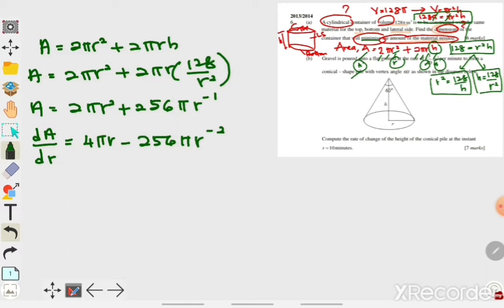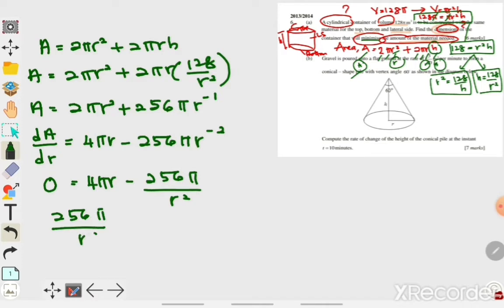To have the minimum or extremum, the first derivative must be equal to 0. So we equate to 0 here. We have 4 pi r minus 256 pi divided by r squared. Next, we have 256 pi divided by r squared equals 4 pi r.